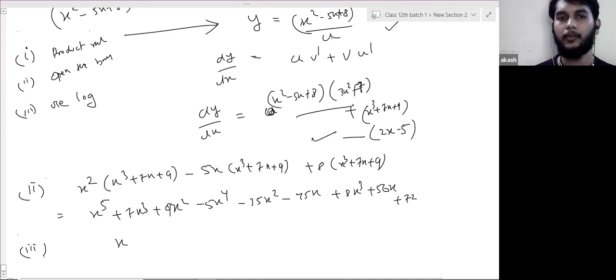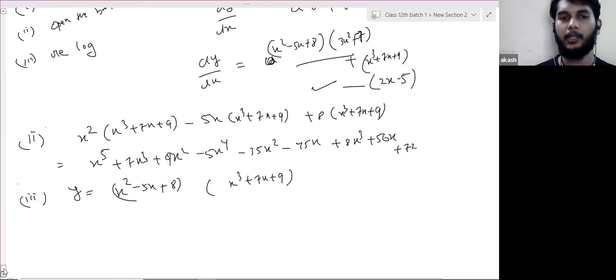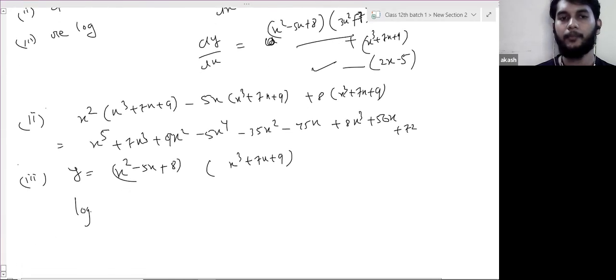So again, we have x square minus 5x plus 8 into x cube plus 7x plus 9. Let this be y. Now we can take log both sides. Log of y equals log of x square minus 5x plus 8 into x cube plus 7x plus 9.